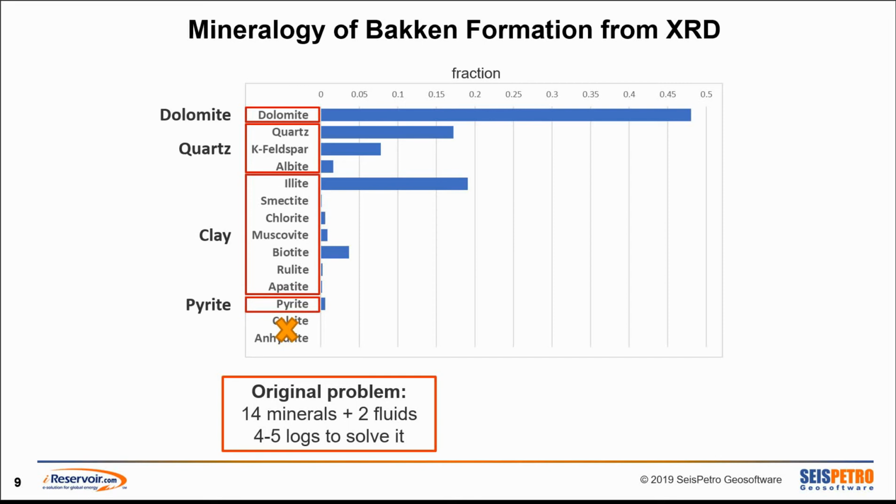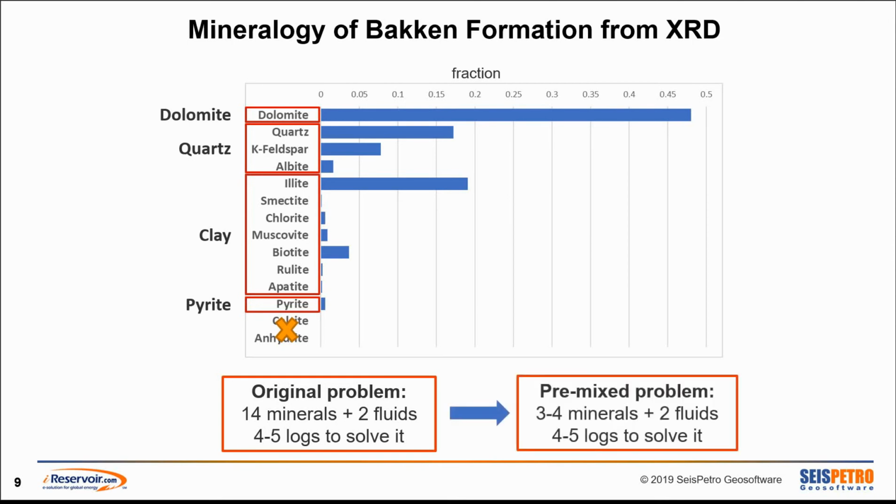So in this way, after identifying the important minerals, the minerals that are not too important, and after the mix of some of the remaining minerals, we end up with what is called the premixed problem. We have between 3 and 4 minerals and 2 fluids, and we have between 4 and 5 logs to solve for it.